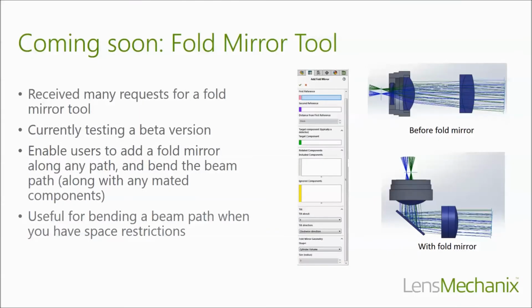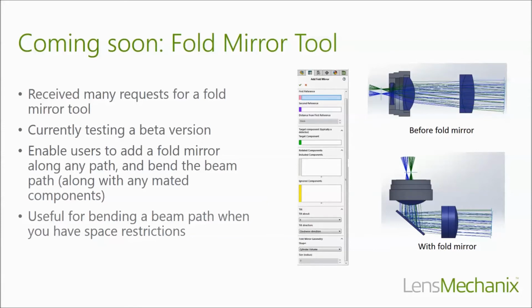So we talked about mirrors and how we can use the geometry of the surfaces to create components. And so I'll take a minute to talk about a tool, or a request for a feature, that we've received many times. So we have created a fold mirror tool.